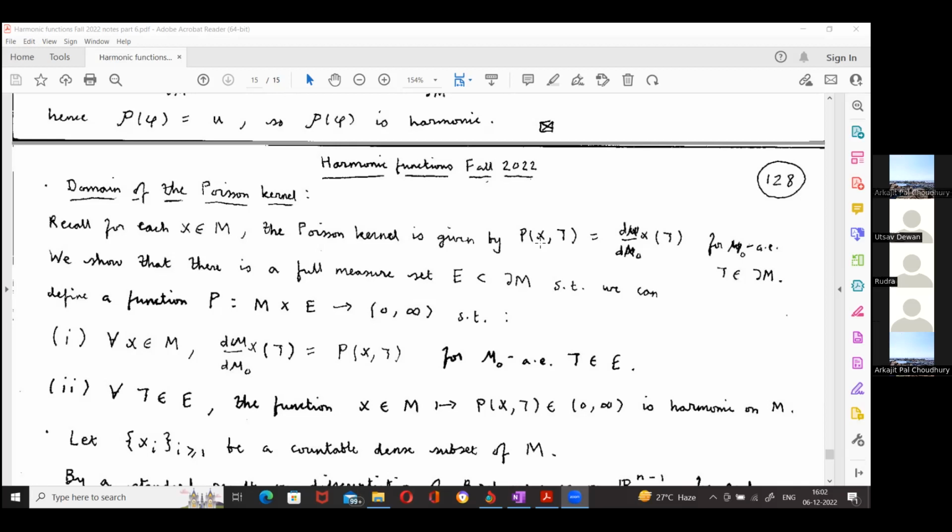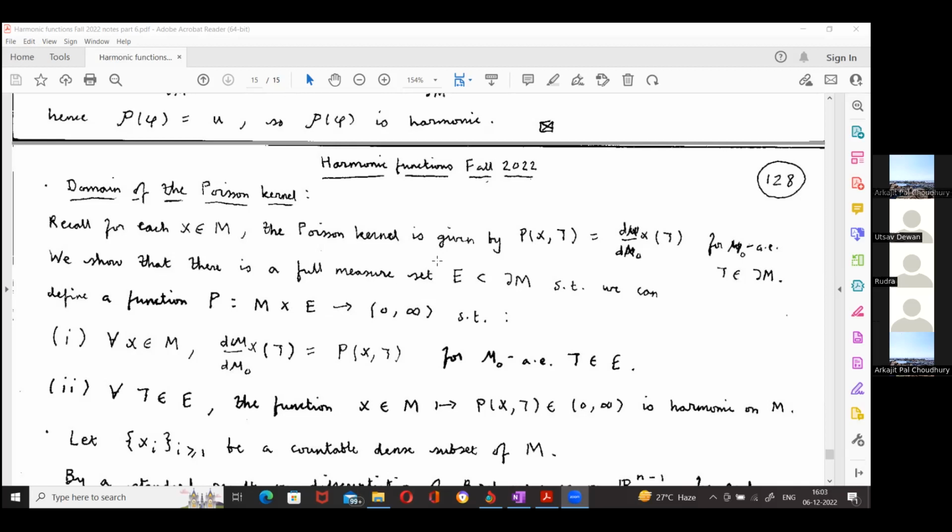So instead, one needs to do just a little bit of work to say that actually there is a single full measure set E which does not depend on x, such that the following holds. We can define a function p from M cross E to 0 infinity.